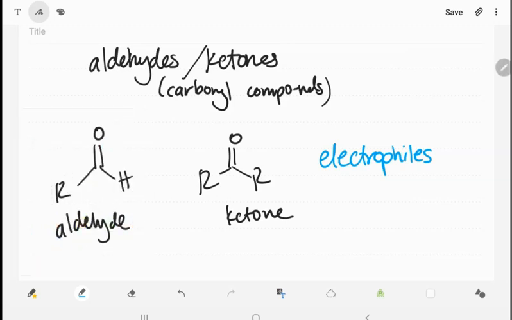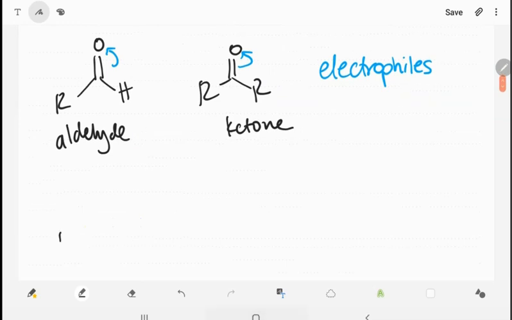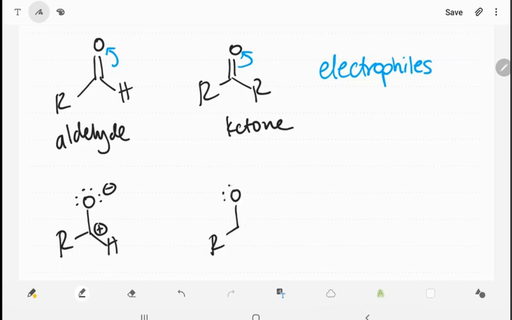And if we just take a look at their resonance, we can see why. If we just break their double bond, we're going to see that these are going to be very nice electrophiles because they have a nice positive carbon here that can be attacked by a nucleophile.